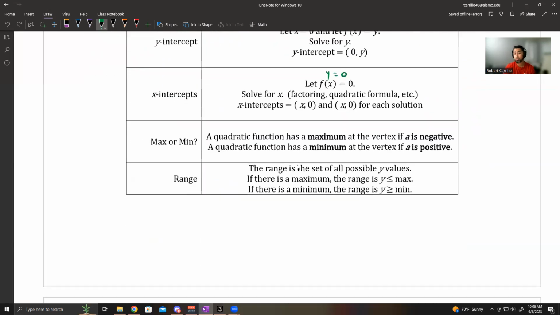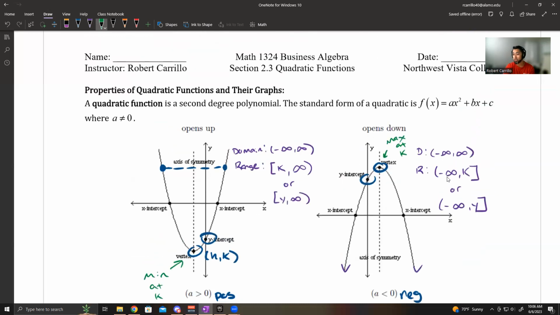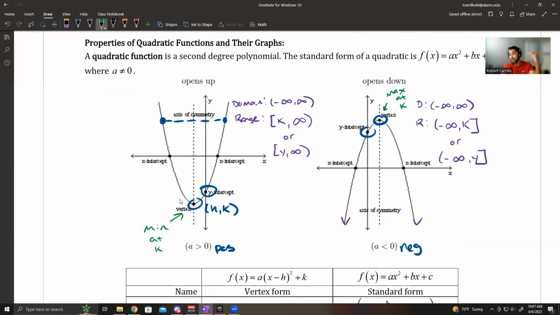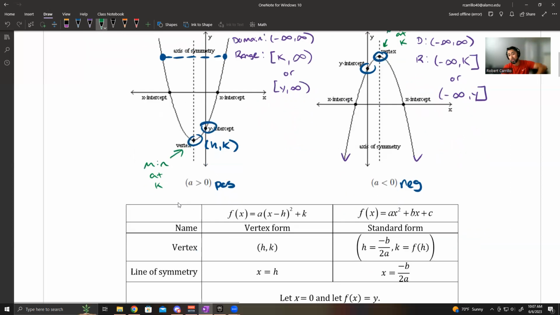Okay, and then range, talked about that as well. If you have a maximum, the range is y is less than or equal to the max. So that means that your range is negative infinity to the k value of your vertex, which is your maximum y value. And if your parabola opens up, then it goes from your k value to infinity.